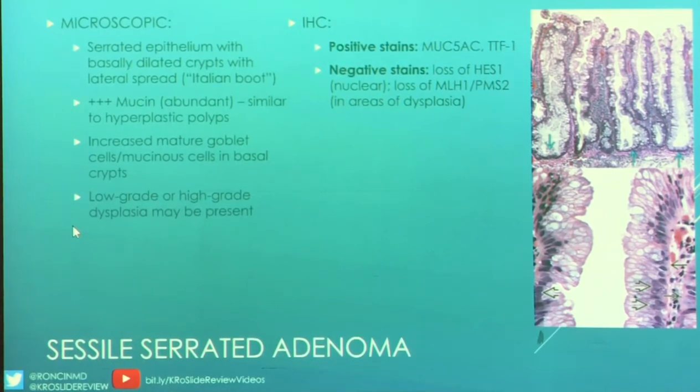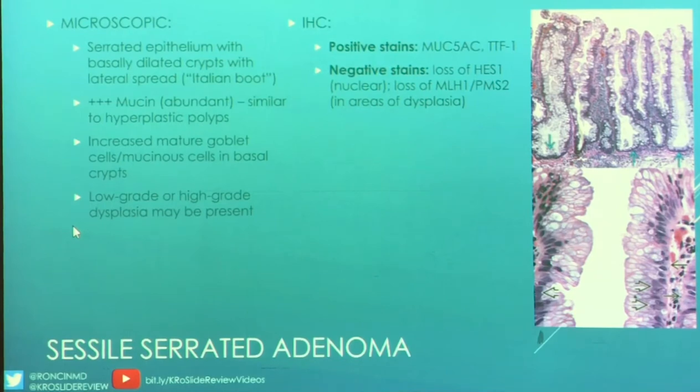Because it is mucin, your positive stains would include things like MUC5AC. You can also see TTF1, which is a somewhat unusual stain to use in the GI tract if you're not suspicious for either small cell or metastasis.